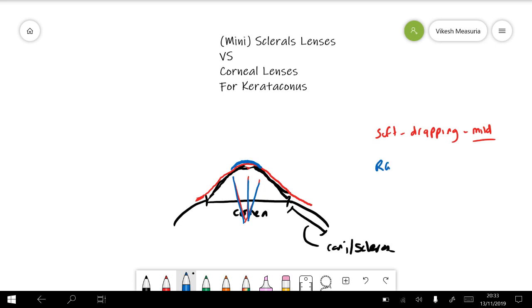Corneal RGPs, rigid gas permeable lenses, create a new surface for the light rays to focus through. Again, it's good for mild to moderate forms of keratoconus.